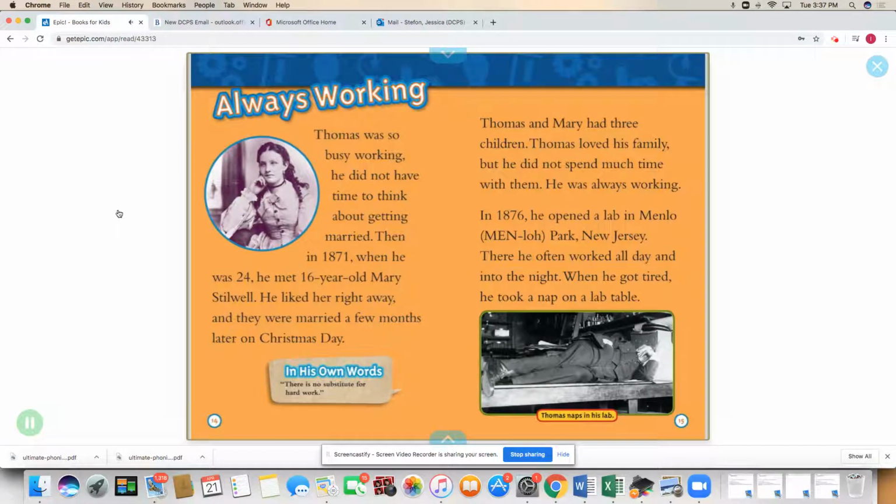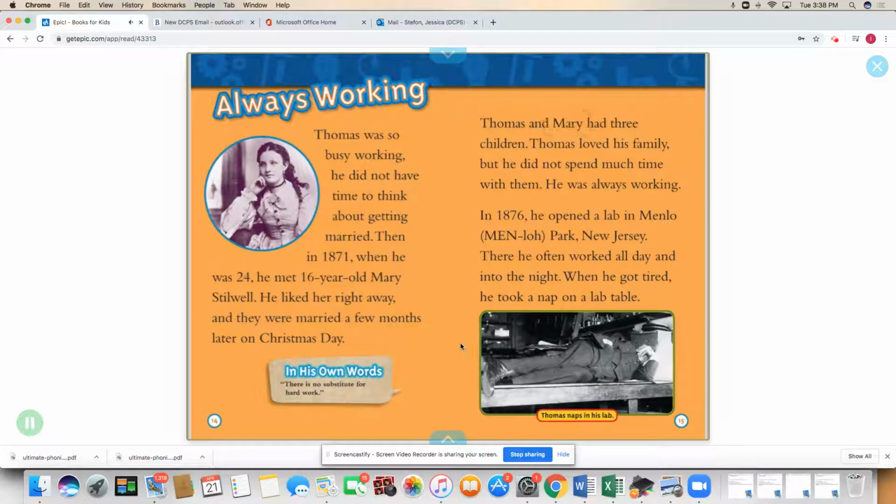Always working. Thomas was so busy working, he did not have time to think about getting married. Then, in 1871, when he was 24, he met 16-year-old Mary Stilwell. He liked her right away, and they were married a few months later on Christmas Day. In his own words, there is no substitute for hard work.